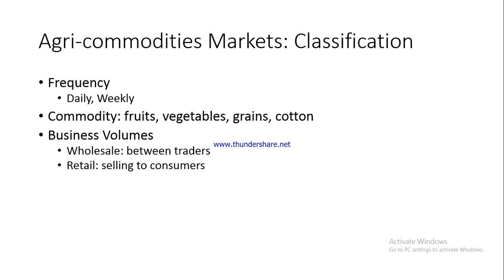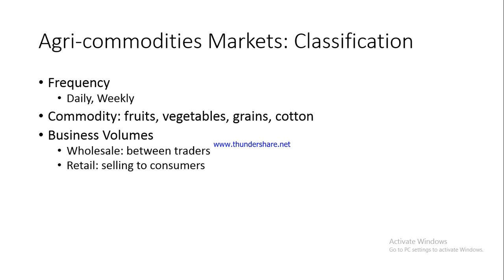On the other hand, if you look at the retail agri-commodities markets, generally, as the name suggests, here the buyers are the customers, while the sellers could be the retailers or could be the traders.